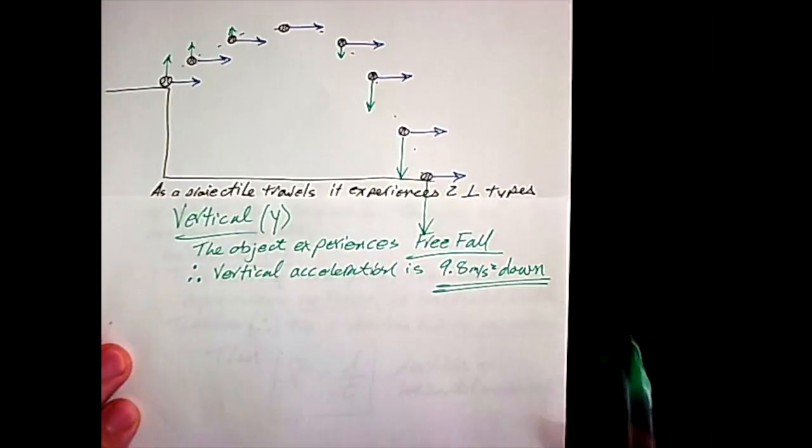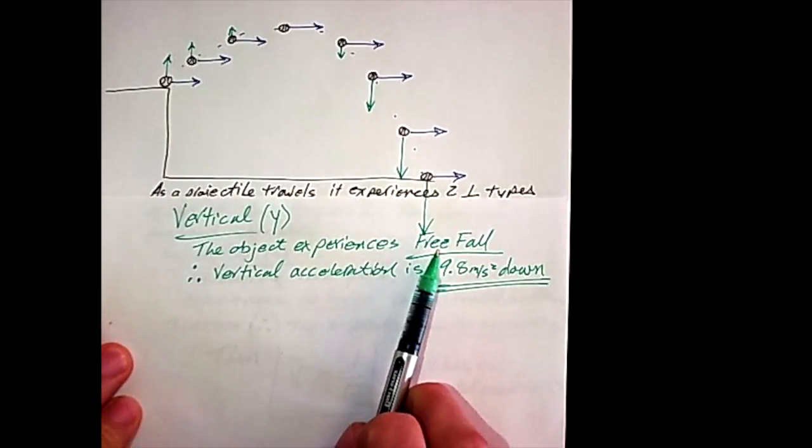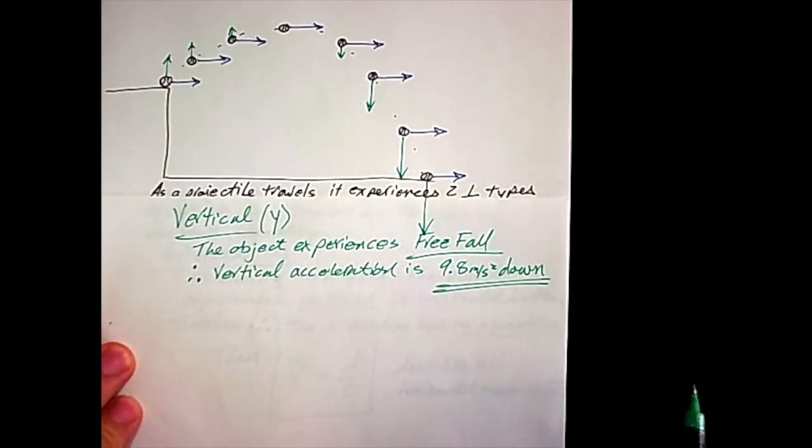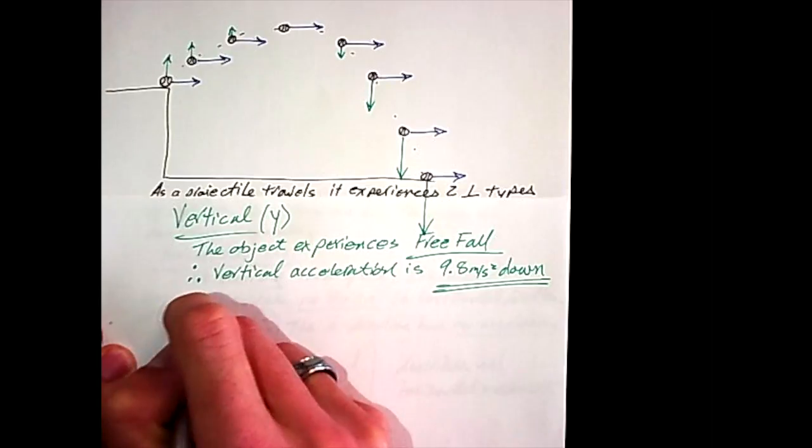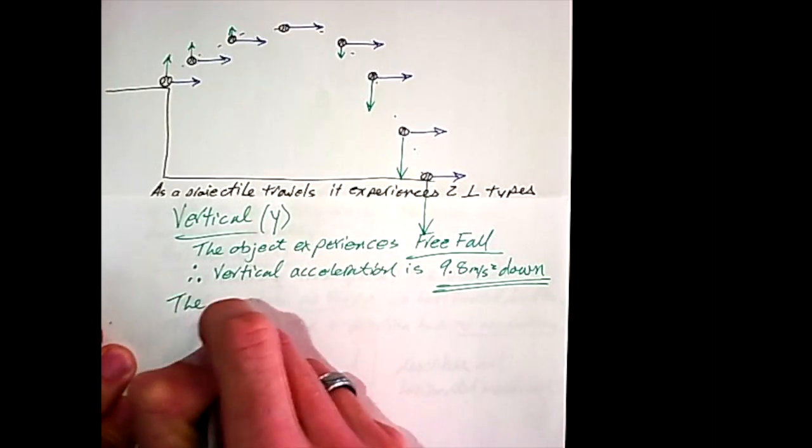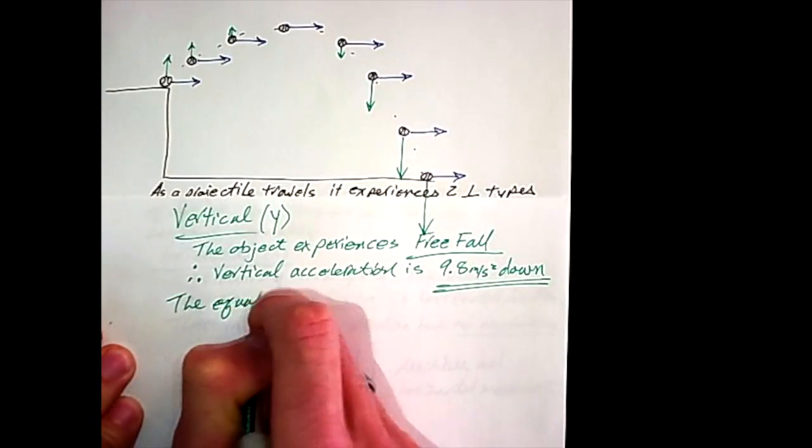But remember, free fall with an acceleration of 9.8 meters per second squared, the equations of motion then describe vertical motion.